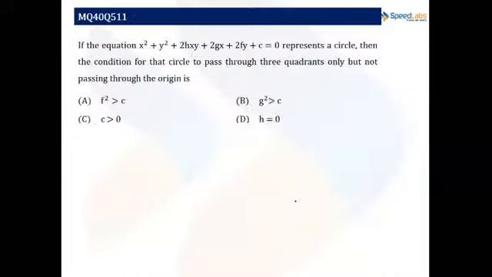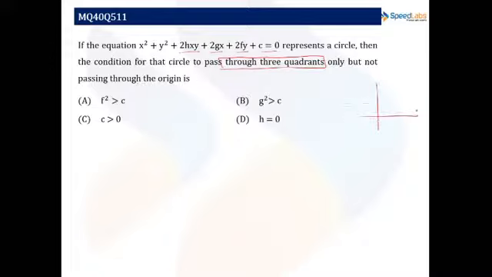Moving on to the next question. If this equation x square plus y square plus 2hxy plus 2gx plus 2fy plus c equals to 0 represents a circle, then the condition for that circle to pass through three quadrants only but not passing through the origin.